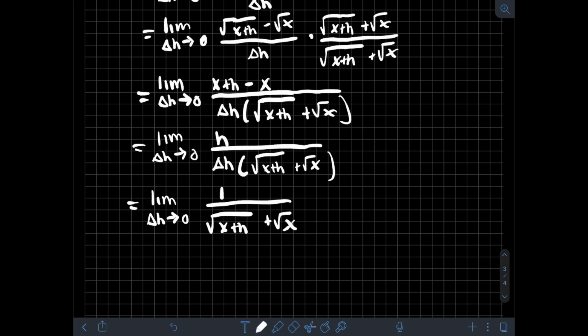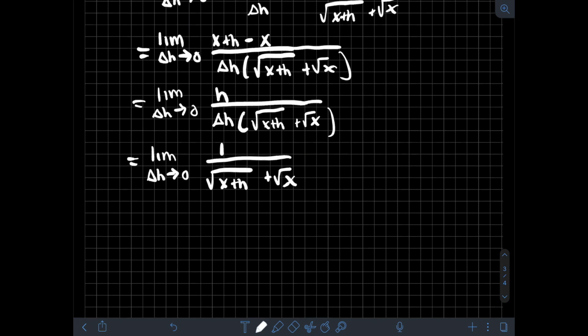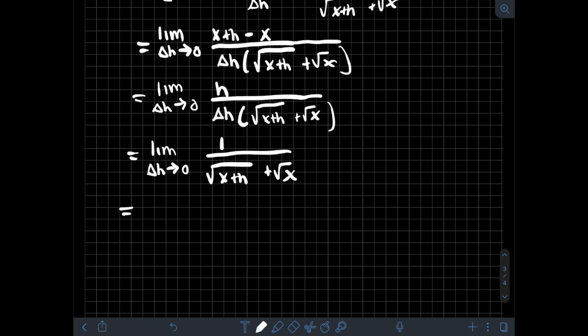Now all we need to do is plug in 0 for h, and we'll get our answer. Doing that, we get 1 over square root x plus 0 plus square root x. This simplifies to 1 over 2 root x.